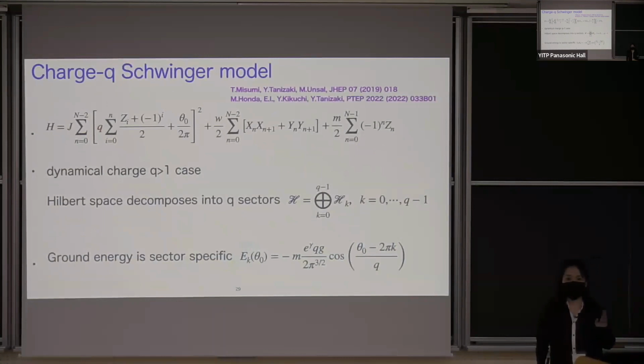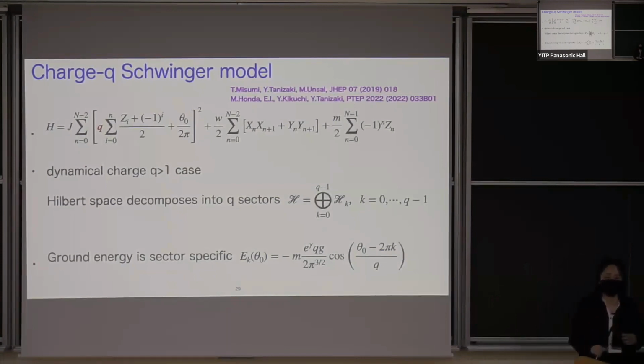Yes, it's possible, but in the case of periodic boundary condition, the constant mode of the gauge field remains. The constant mode takes a value from minus infinity to infinity, so we need some truncation. Only in this setup can we exactly implement the gauge field.